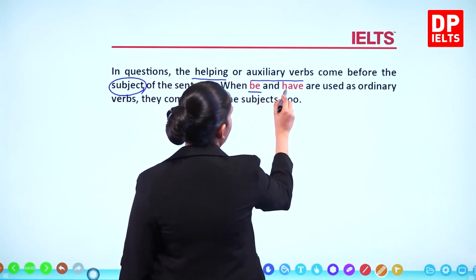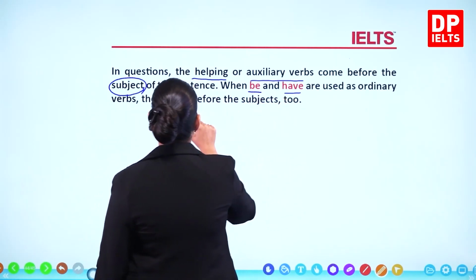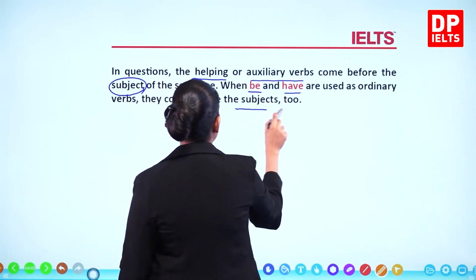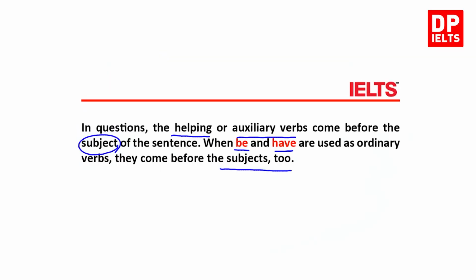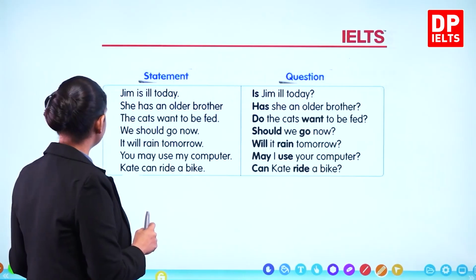When be and have are used as ordinary verbs, they come before the subjects too. Questionsல mostly helping verbs or auxiliary verbs வந்து come before the subject of the sentence. அந்த sentenceன்ற subjectக்கு எழுவாய்க்கு முன்னாடி தான் வரும். அதாவது questionsல, right? இப்போ ஒரு sentence, ஒரு answer, ஒரு statementல அப்படி இல்லை. ஃபர்ஸ்டா subject வரும், அப்புறம் தான் அந்த helping verb வரும். பட் ஒரு question இருக்கும்போது helping verb முதல்ல வரும், அதுக்கப்புறம் அதை தொடர்ந்து தான் subject or எழுவாய் வரும்.